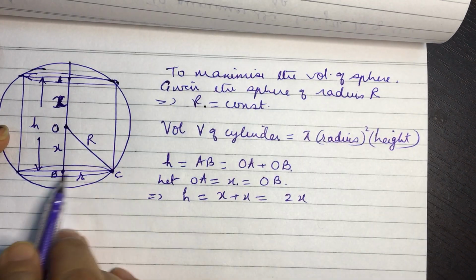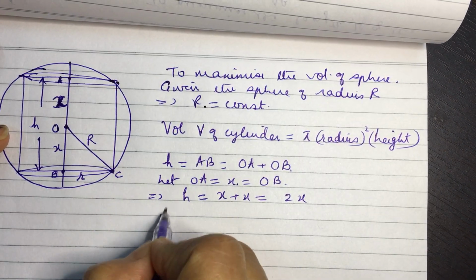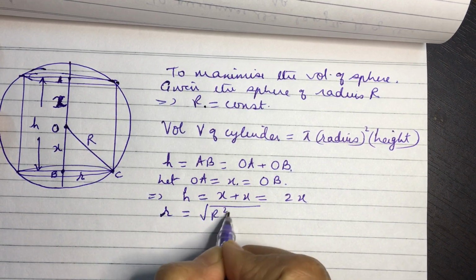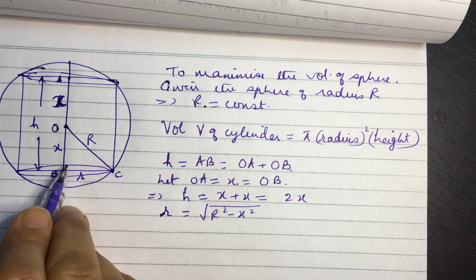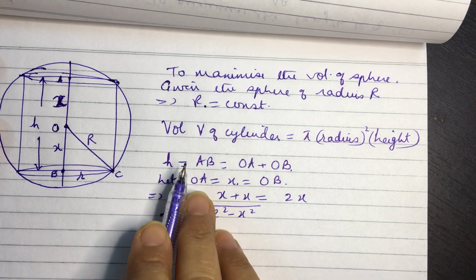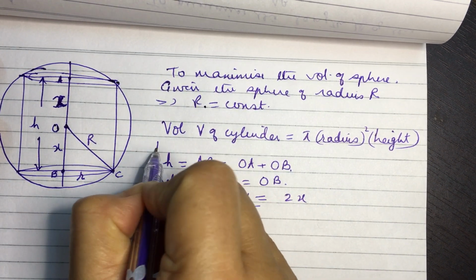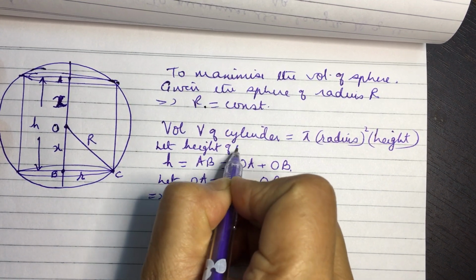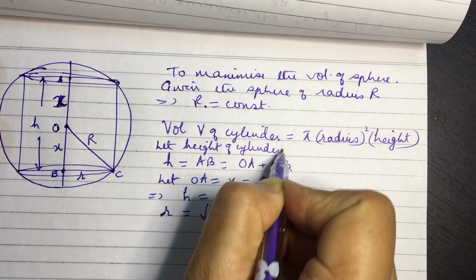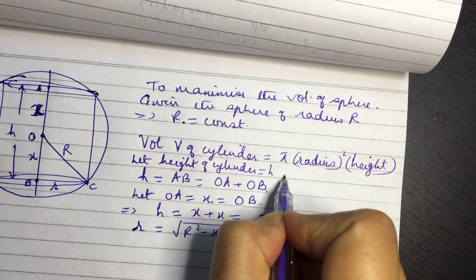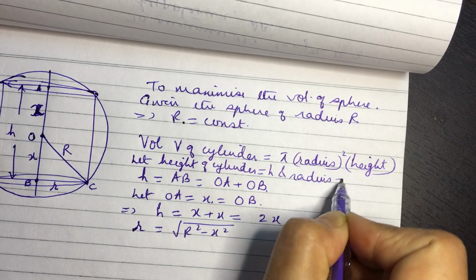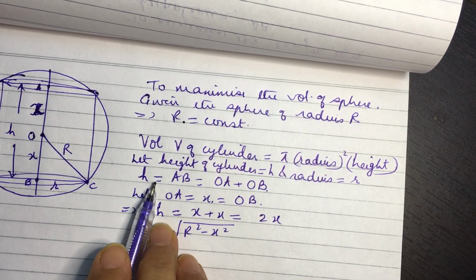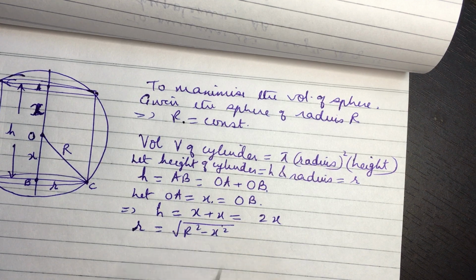Okay. Now again the radius r of the cylinder is equal to square root of r squared minus x square. So clearly we have managed to write both. Let height of cylinder equal to h and radius equal to small r. Okay. So we have managed to write both small h and small r in terms of x.